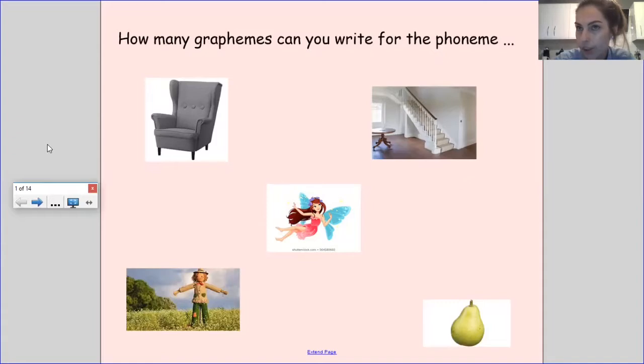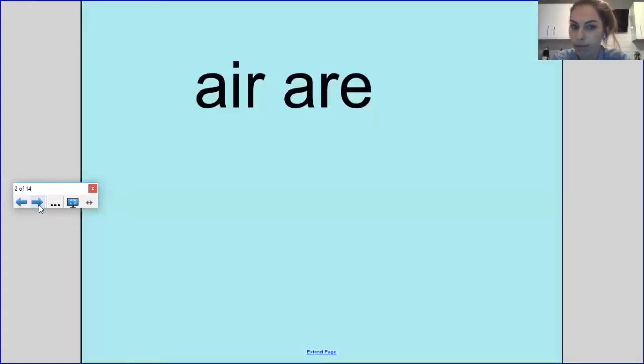What could the matching phoneme be? It's air, isn't it? They all have air. So how many different ways can we write the grapheme air? Pause the video here to have a go. Here we go. We have AIR and ARE. They're both trigraphs, aren't they?